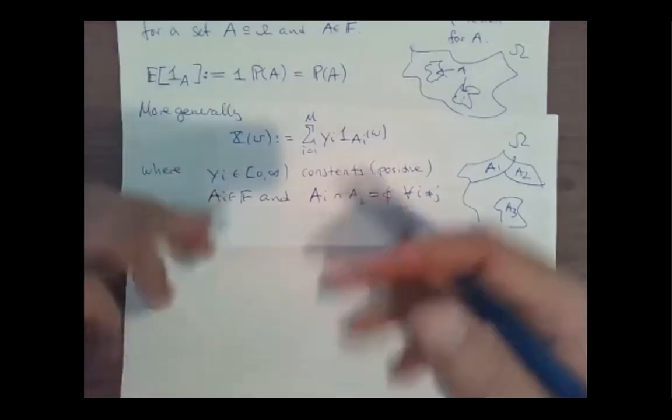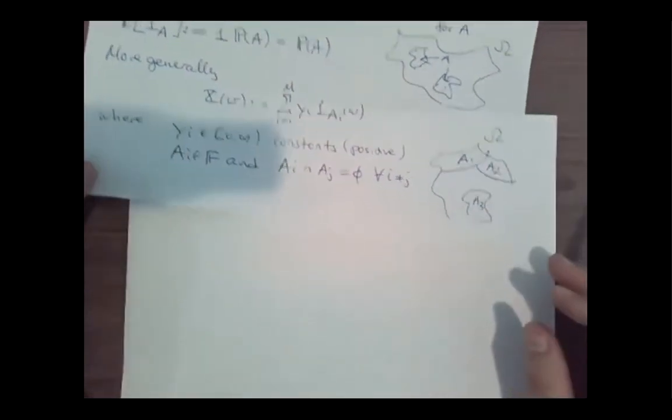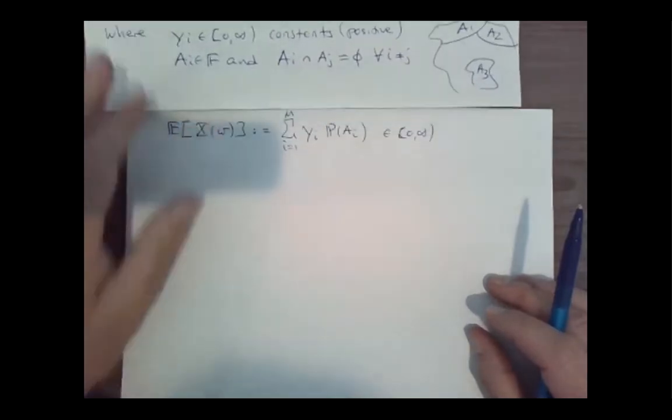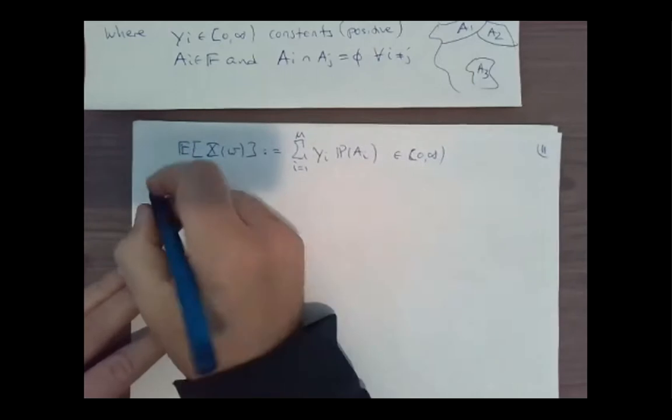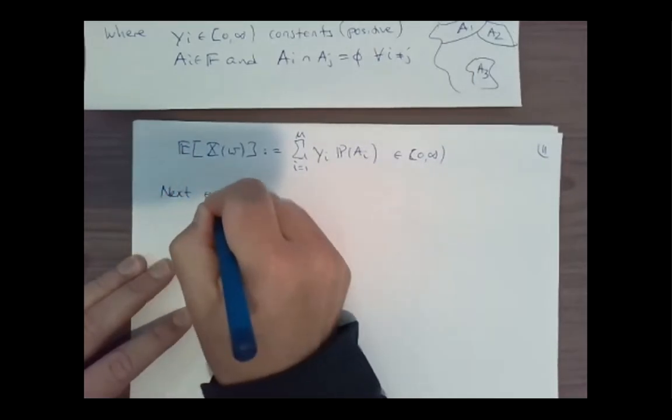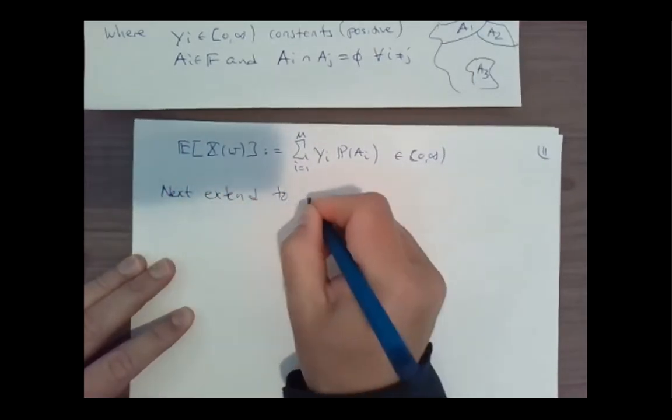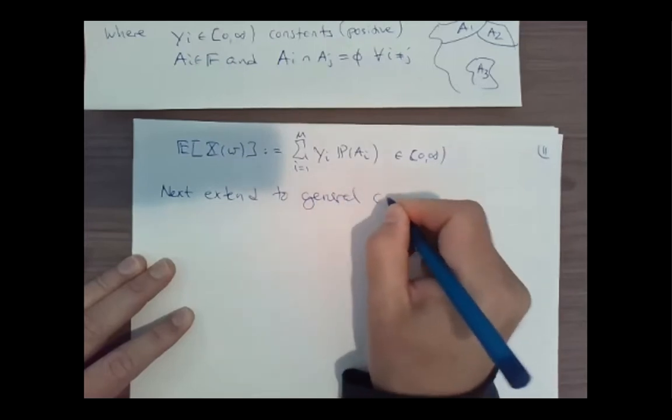And now the question is, how do we extend this to the general case? So I think it's a good time to take a little break. So after the break, next we're going to extend to the general case.